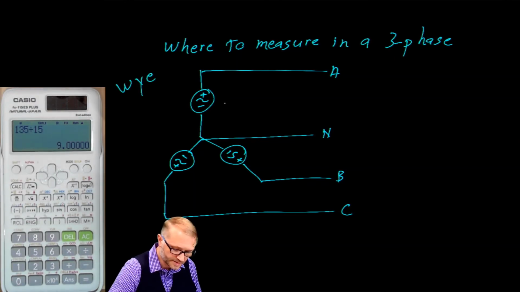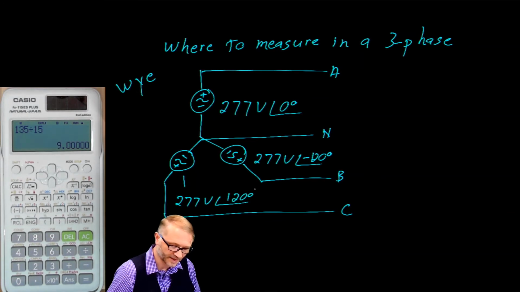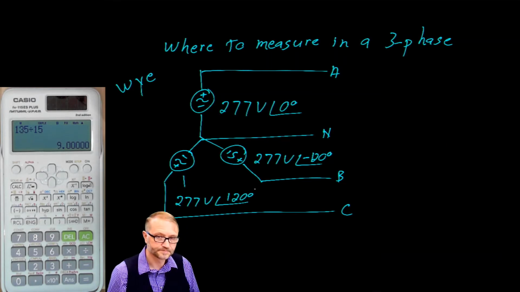This generator might produce 277 volts at a phase angle of 0 degrees. We'll let this one be 277 volts at a phase angle of negative 120 degrees. And this third one as 277 volts at a phase angle of negative 240 degrees. Or if we go around the other direction, we say 277 volts at an angle of 120 degrees.